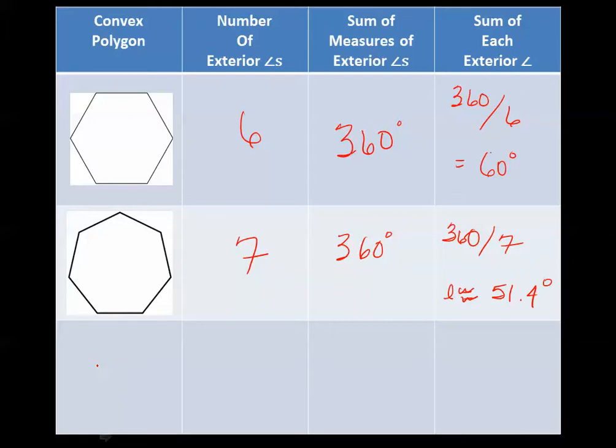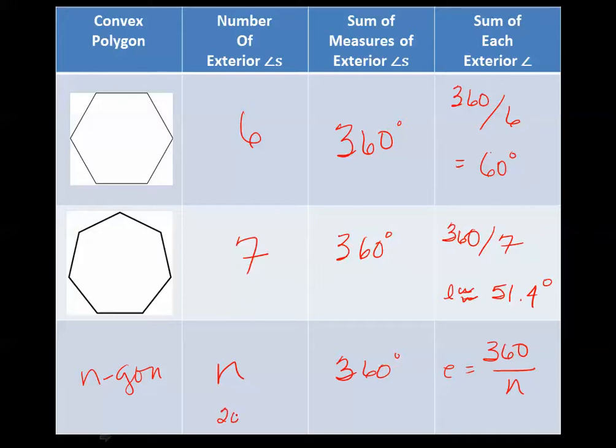Now what we were going to do here was, you've got your n-gon, you've got your number of angles or sides, which is going to be the same thing. Here we have the sum of the measure. So if I want to find the measure of any gon, that's how I would do it.